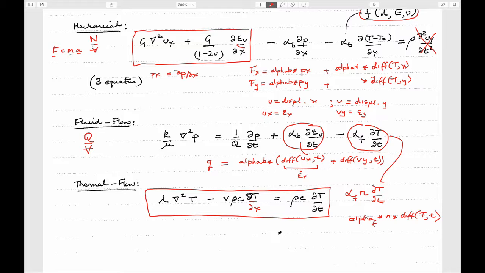So in other words, you can imagine that there would be a term in here that would say something like the change in strain with time. This is a volume per unit time, in other words this. And you have to apply some amount of thermal energy to that. And the thermal energy would be something like the density of the fluid, the specific heat capacity, and whatever the temperature of that fluid is.